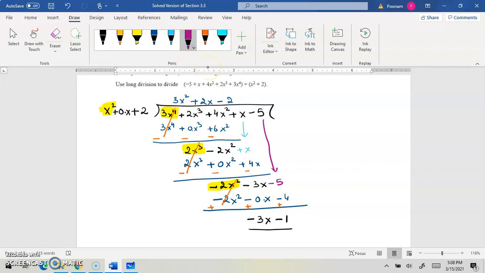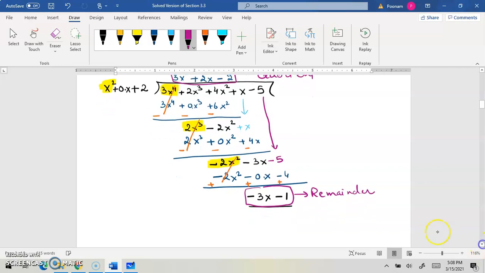So, to conclude, this is remainder. This is quotient. And how do we write?